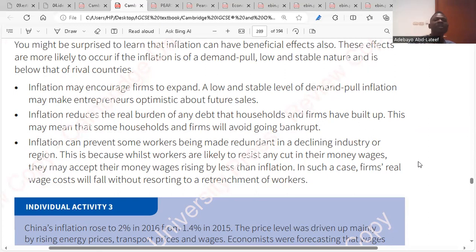Inflation reduces the real burden of any debt that households and firms have built up. This may mean that some households and firms will avoid going bankrupt. With inflation, you won't be thinking about increasing your debts. You don't want to borrow more. Do you get the point?